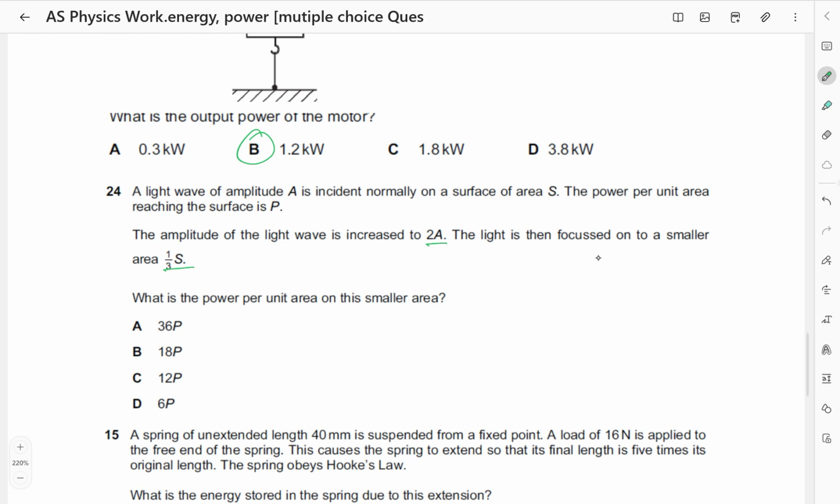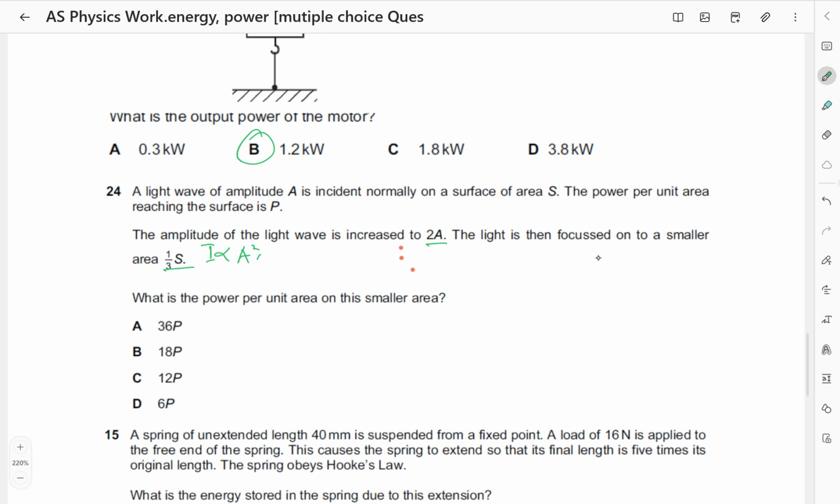Okay, let's go back to the relationship between intensity and amplitude. Remember, intensity is directly proportional to amplitude squared. And by what factor?